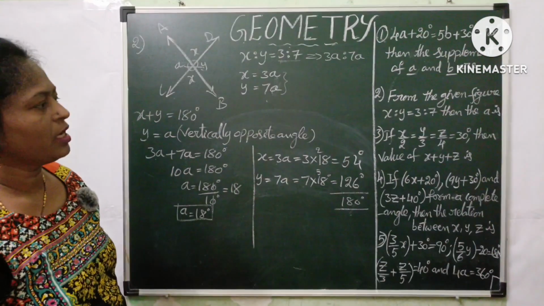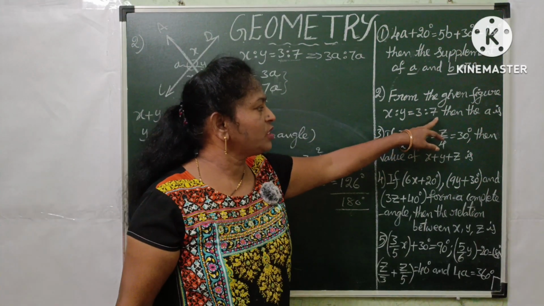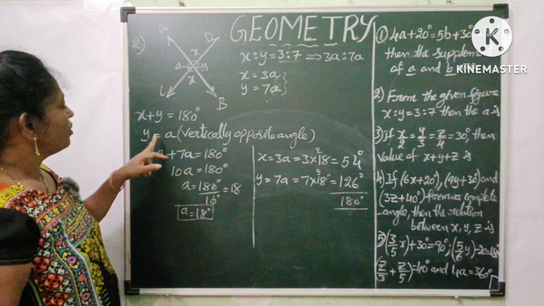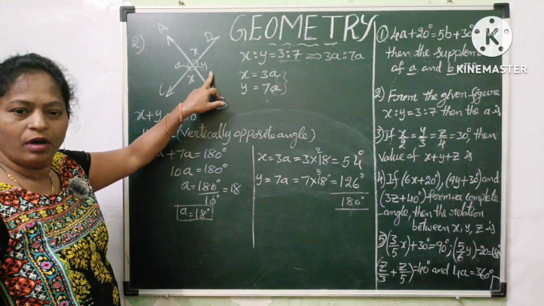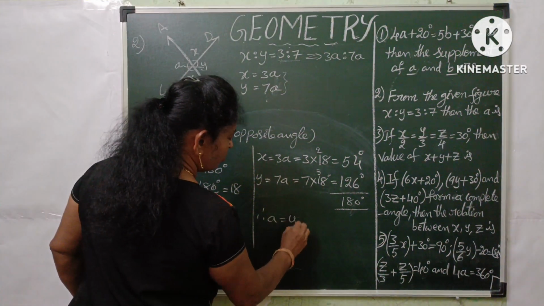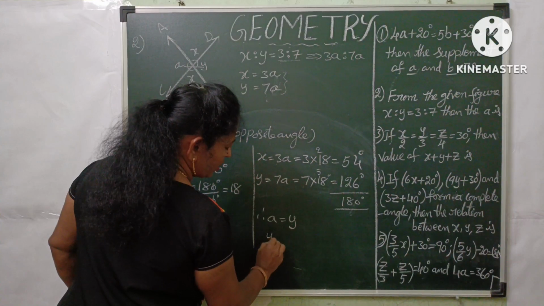What is the question? From the given figure, x is to y equal to 3 is to 7. Then the a is. Here what is a? a is the vertically opposite angle of y. So therefore a equal to y. Then what is the a value here?